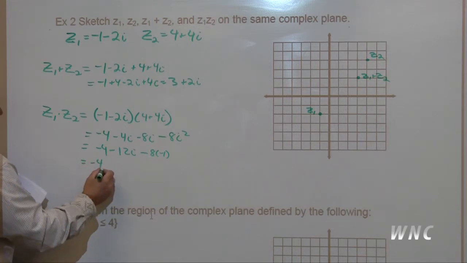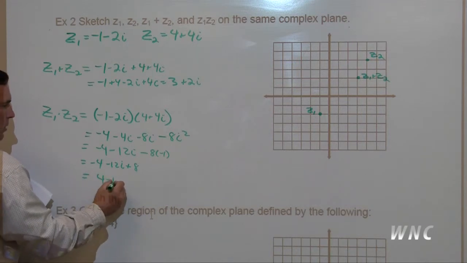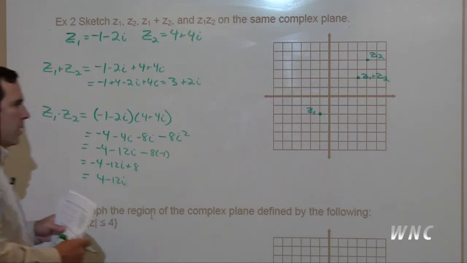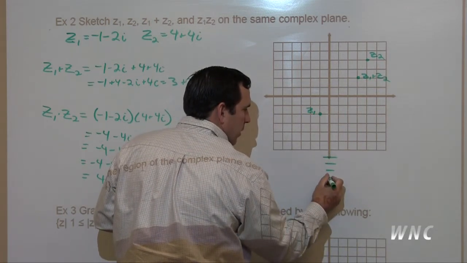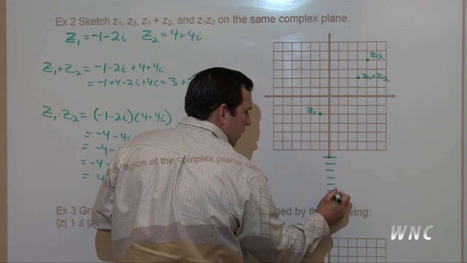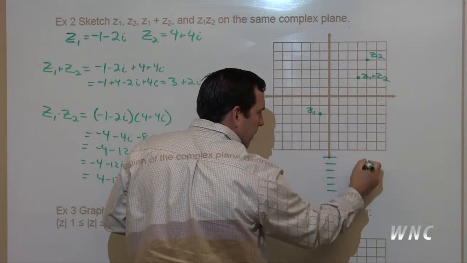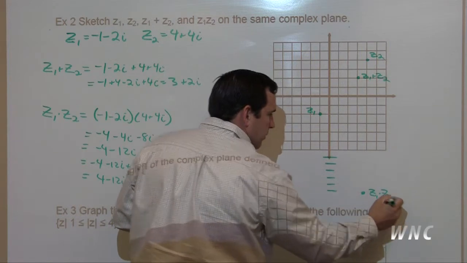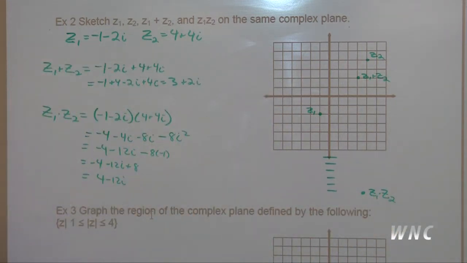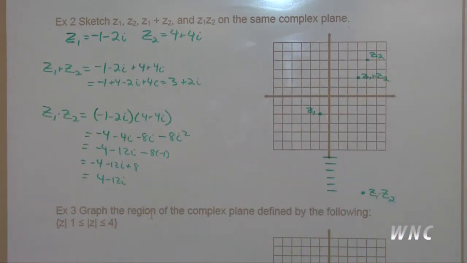So negative 4 minus 12i plus 8, so it's 4 minus 12i. This is not drawn big enough, so 1, 2, 3, 4, 5, 6 further down. It's 4 minus 12i. This is z1 times z2. Feel free to pause that one.